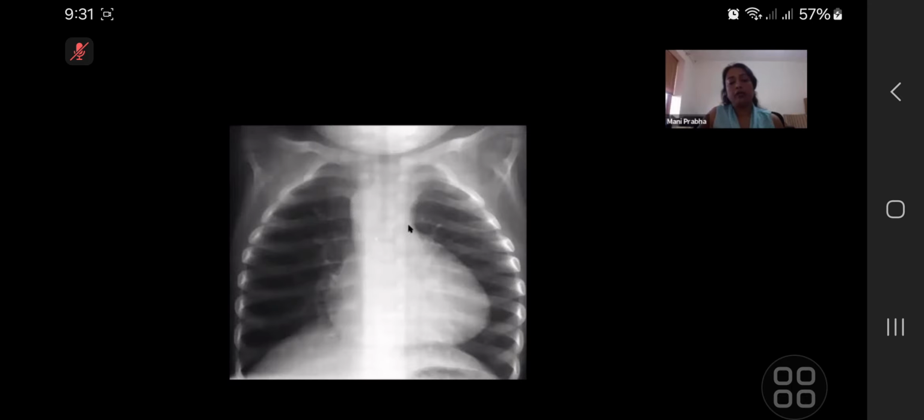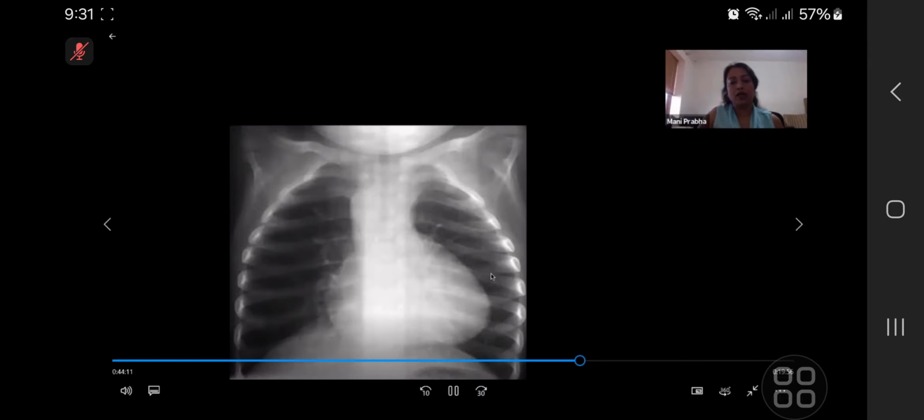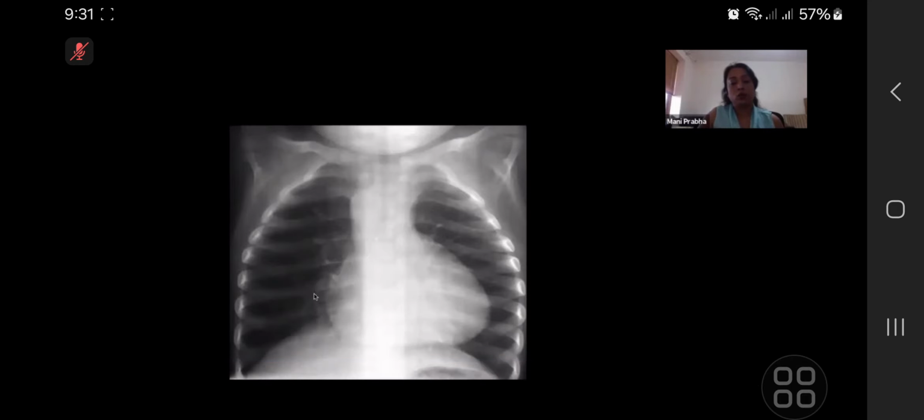The main pulmonary artery is not seen, causing a pulmonary bay. The pulmonary vasculature appears reduced, hardly seen, and the rest of the vasculature is quite thin. There is no chamber enlargement as such, and the spine and rib cage are normal.